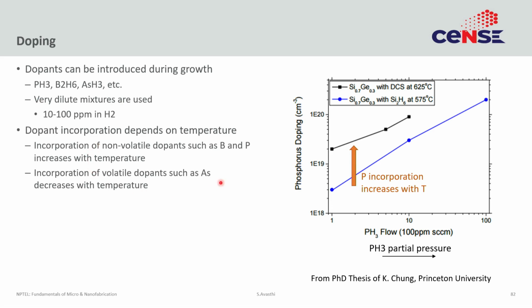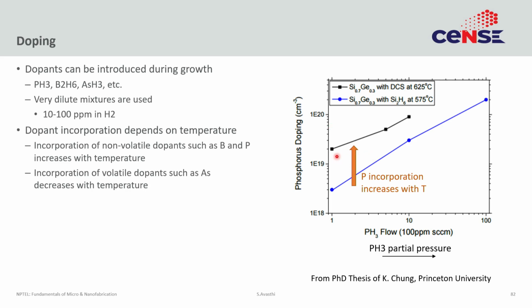There are a few complications when you do that. The first complication is that the amount of doping you get is a function of the phosphine partial pressure. That is expected. The more phosphine you put in, the more doping you will get. But it often also depends upon details such as which material you are trying to deposit with. So, supposing your silicon source is DCS, which is dichlorosilane, or disilane, you would actually get different phosphorus dopings.